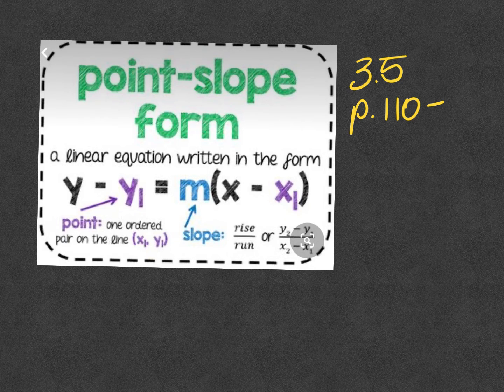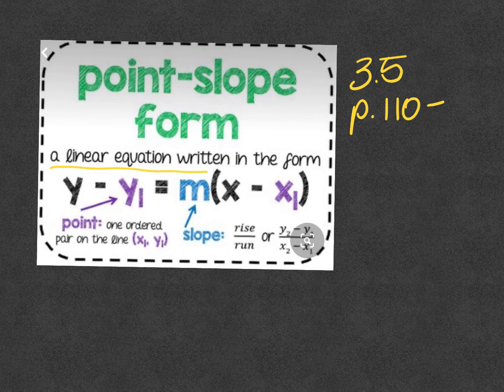First of all, if you look with me in your textbook, you are reminded that y equals mx plus b is your slope-intercept form, and it's reviewed just exactly what we just did. But another form is the point-slope form, which is this.